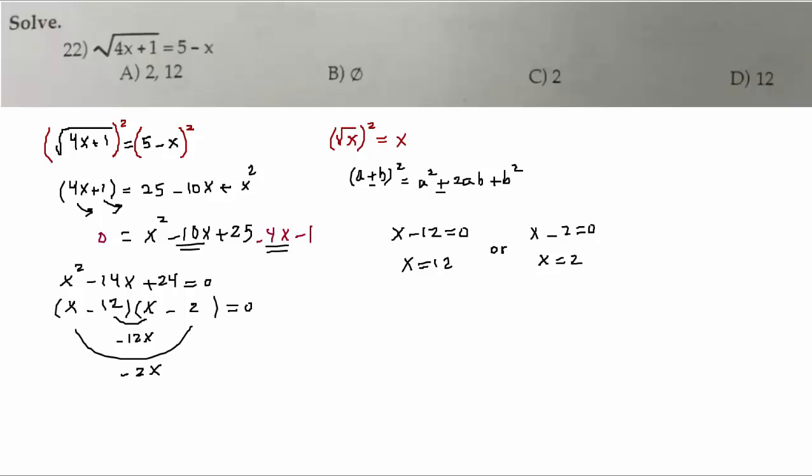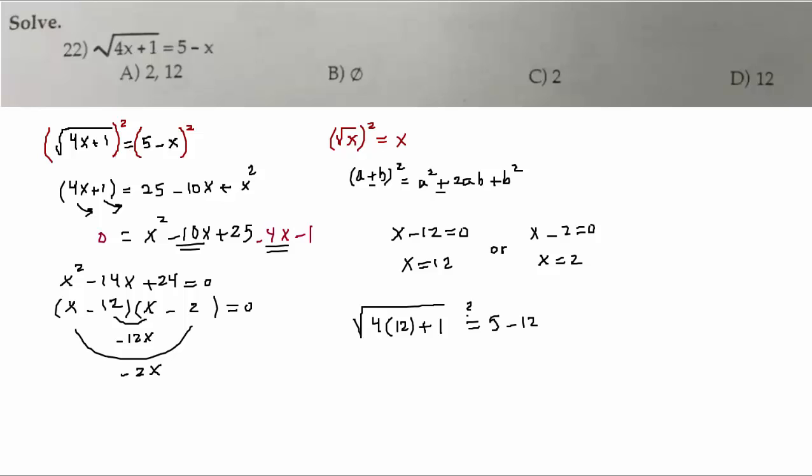If you check the 12, what do I get? I will get 4 times 12. Would this work? The question mark here, 5 minus 12. Okay, does that work? Okay, anybody?